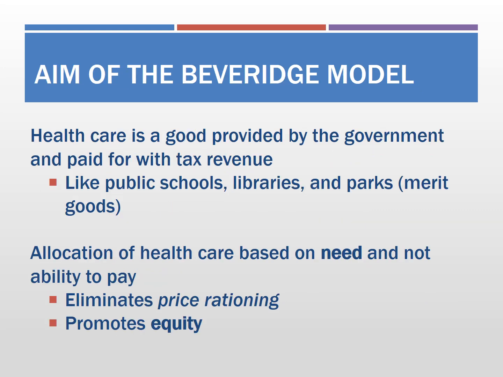The ultimate goal of the UK government under this Beveridge system is to have the government provide healthcare services funded by tax revenues. We are basically making healthcare available for everyone, just like all the other public services that we expect the government to take over, like the public school system, libraries, or parks. Goods or services with these properties are known as merit goods.